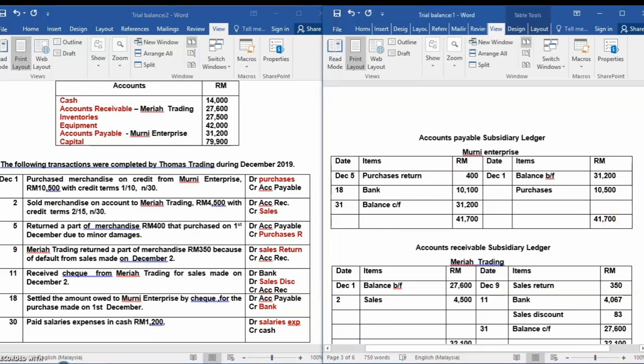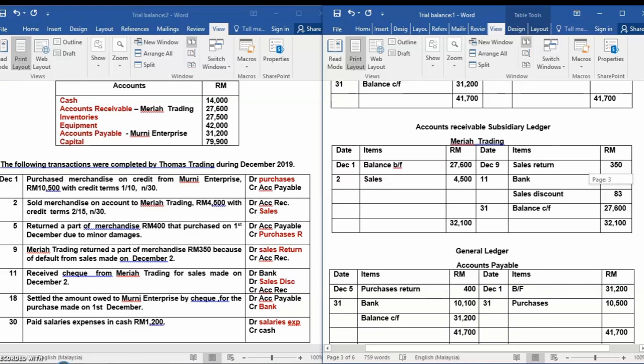The next one, we look at the account receivable subsidiary ledger. This represents the individual's account. So we have the balance given in the question, 27,600 debit side, and the transaction for the 2nd of December, debit account receivable 4,500.